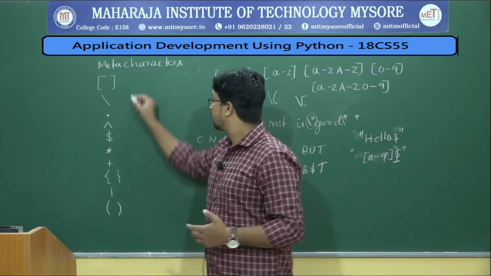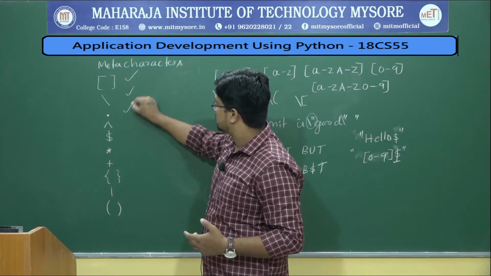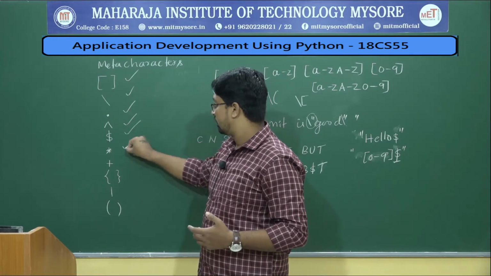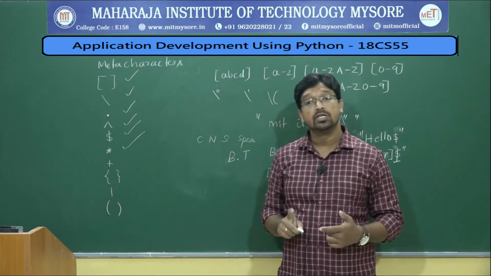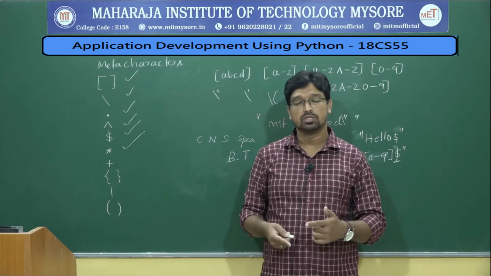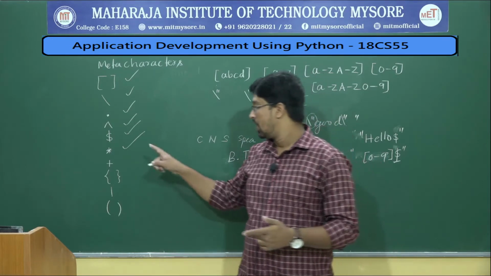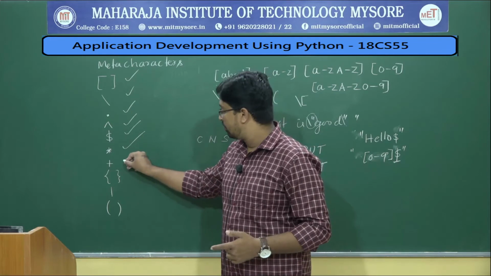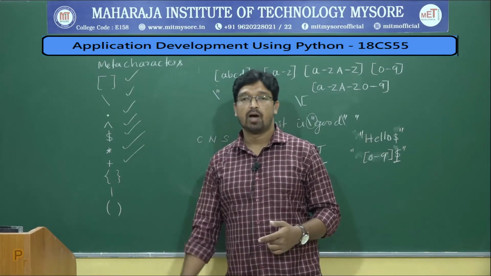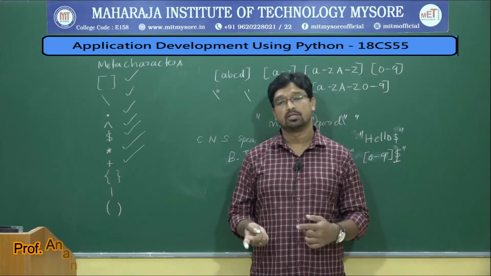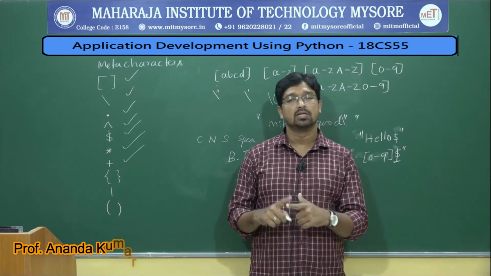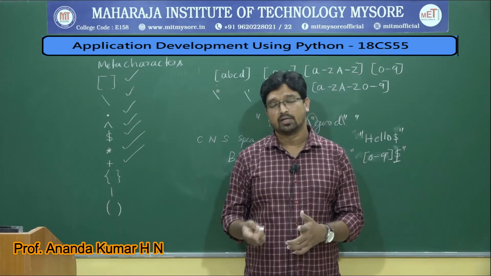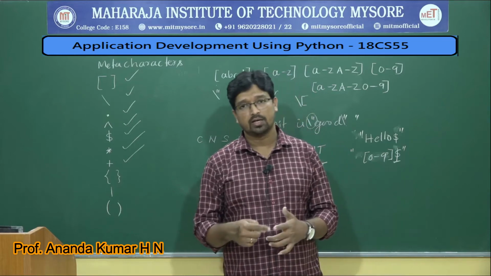Then what about star? Star will match 0 or more characters. We have already used this. What about plus? Plus is used to match 1 or more characters. Minimum 1 character should be matched, or more than 1 character. Star indicates 0 or more characters.